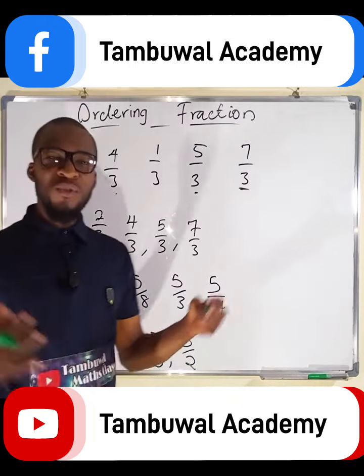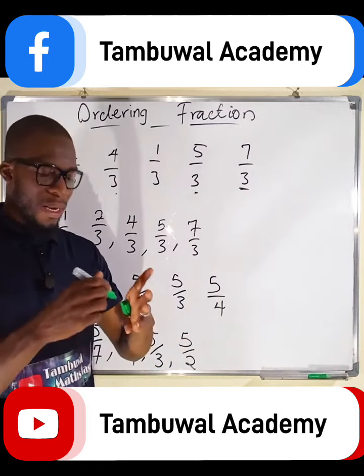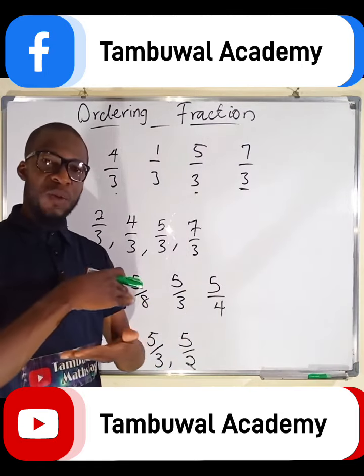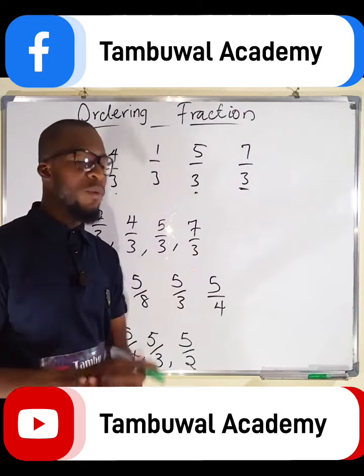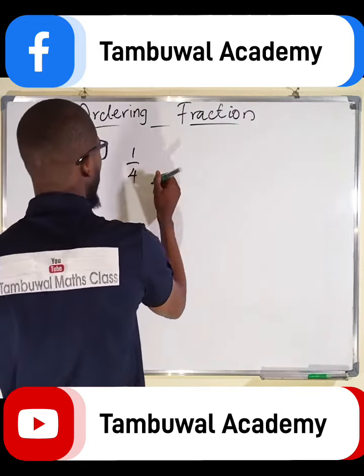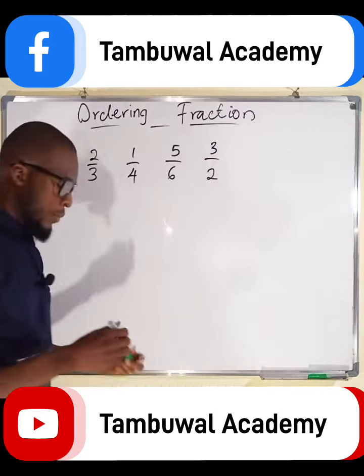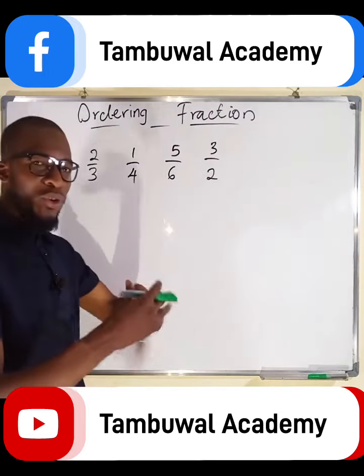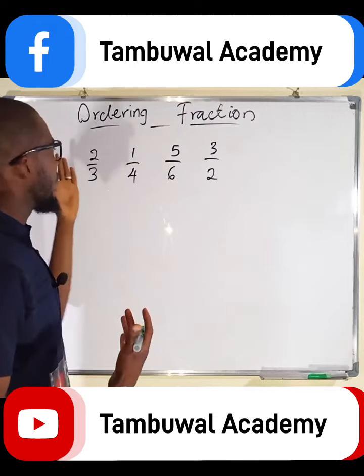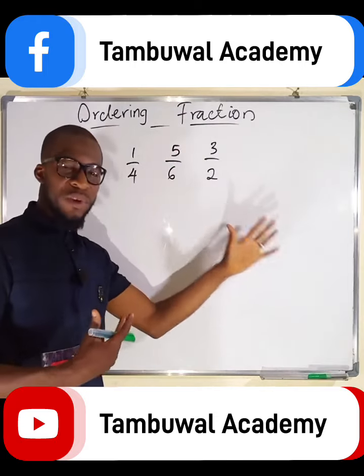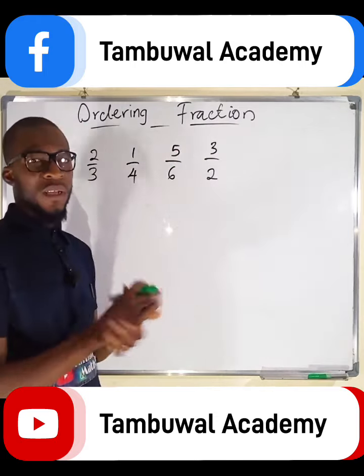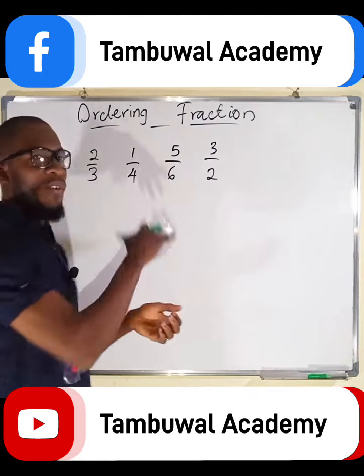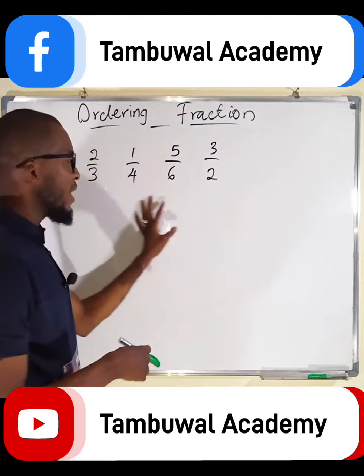So what about if they do not have anything in common, like they do not have denominators in common or numerators in common? Now if you look at these four fractions, they do not have anything in common. You can see their numerators and their denominators are different from one another. So how can we identify the smallest or the biggest fraction here?